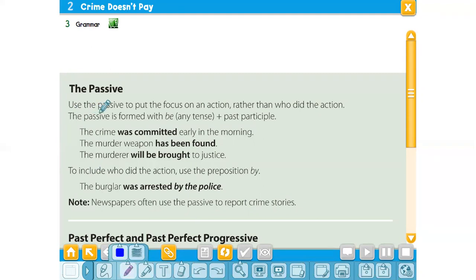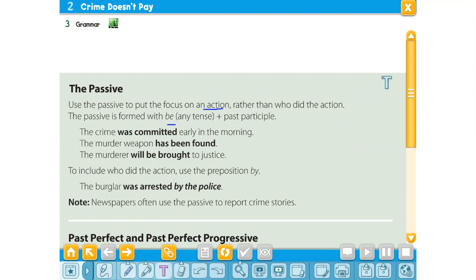We use the passive to put the focus on an action rather than the one who did the action. The passive is formed with be in any tense plus past participle. Be in any tense, what does it mean?